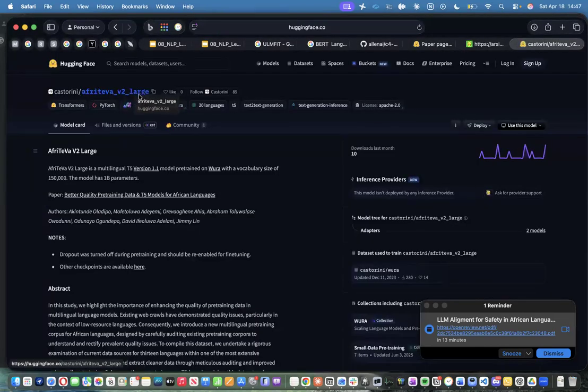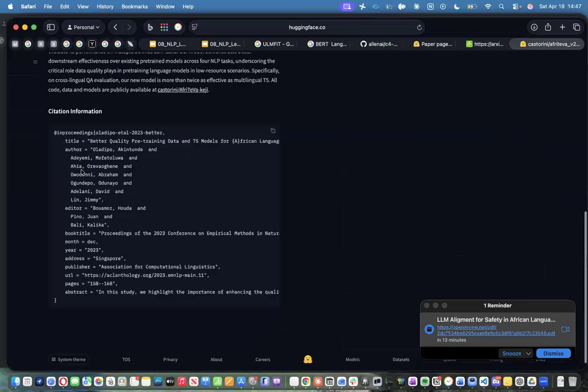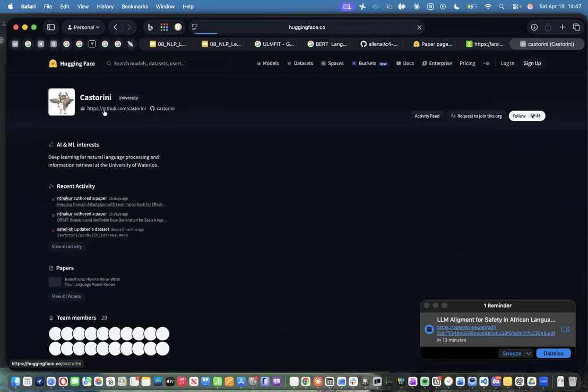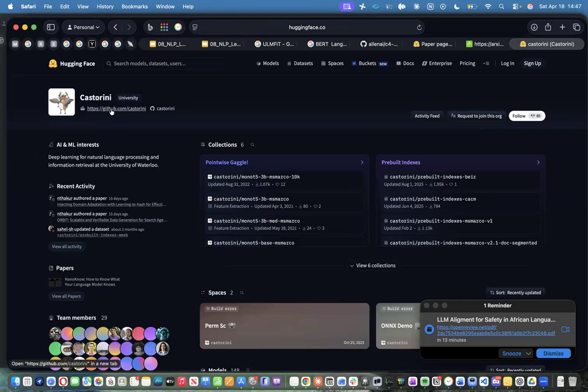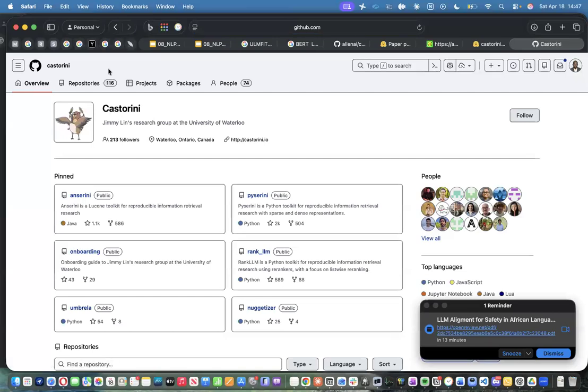You can see AfriTeVa large. So this AfriTeVa version is the multilingual T5 version, a T5 model pre-trained on a corpus with its own vocabulary size. So this is basically another architecture. It depends on which one you want to use, but the performance matters. That basically just depends on what you want to do.